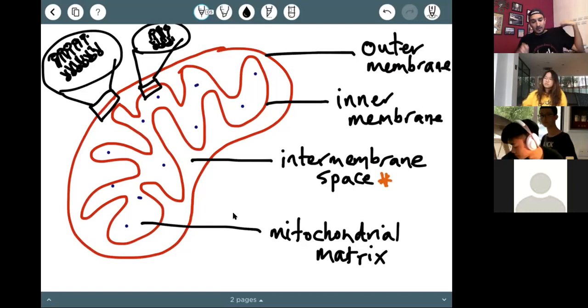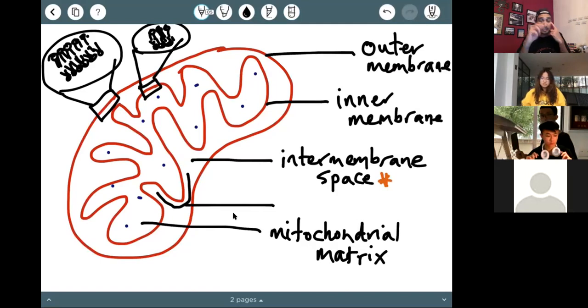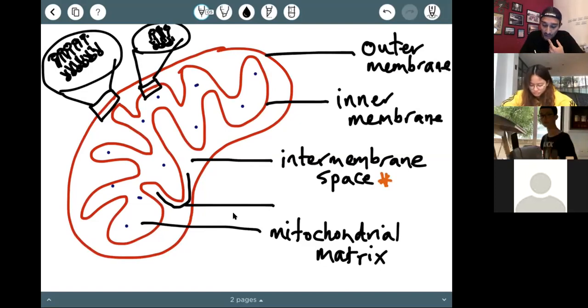Okay. The next one is this fold. I shouldn't show that as being part of the outer membrane. So all of these folds of the inner membrane, if you imagine like villi of the small intestine, are called cristae.